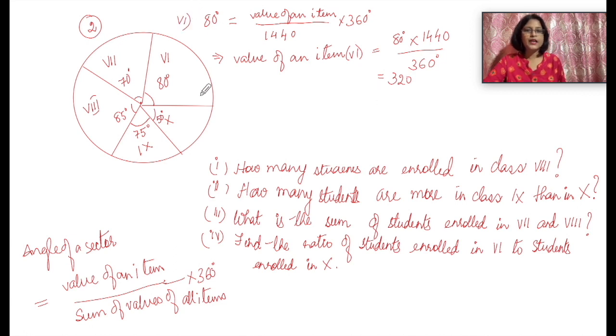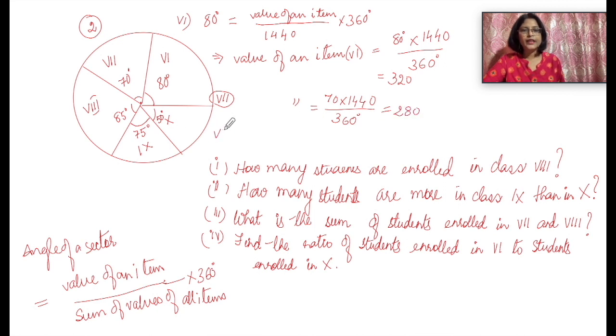Now for class 7, we again have value of an item equals 70 into 1440 divided by 360. That counts to 280.